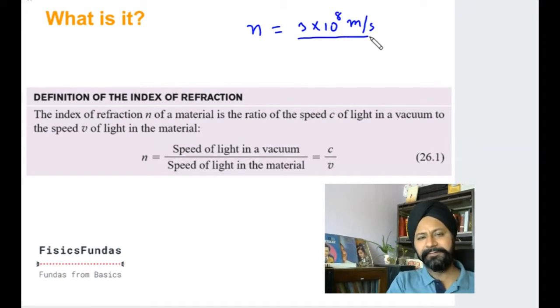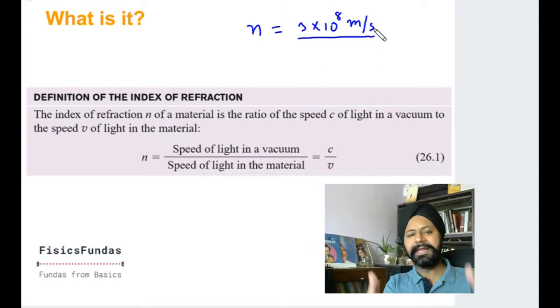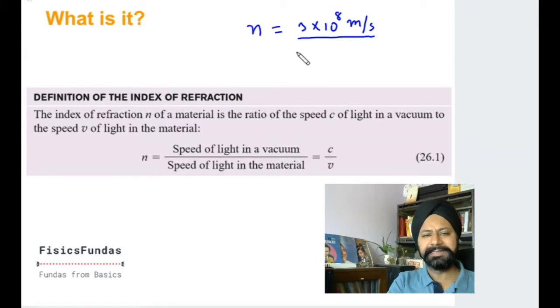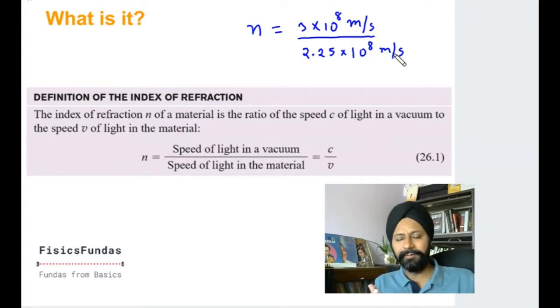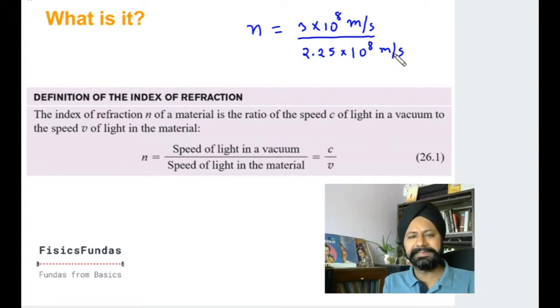Now, the speed of light in water. Let's say I am telling you the value. You don't have to memorize it, but it is 2.25 times 10 to the power 8 meters per second. Those are the calculations you would have. Now you can cross these out.